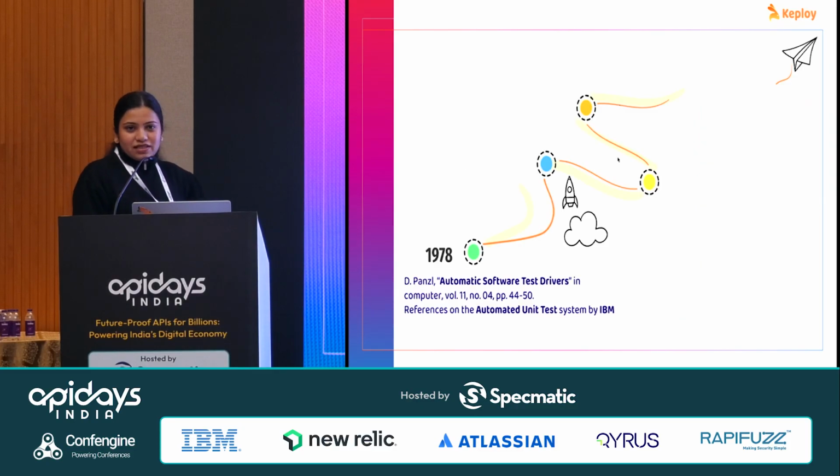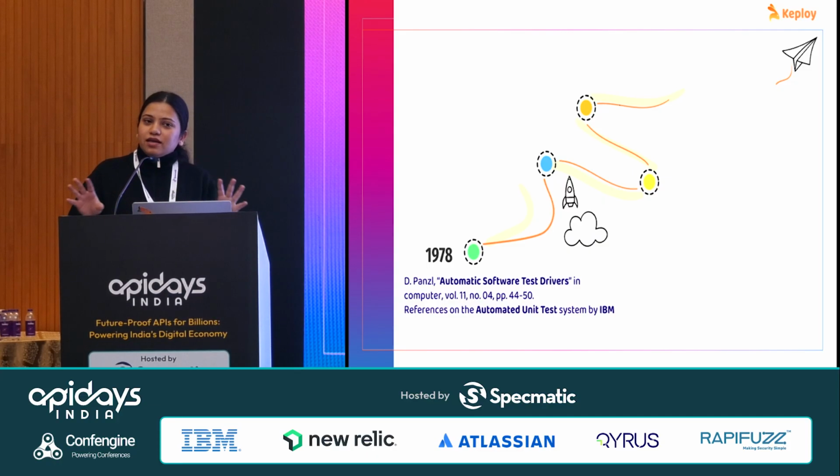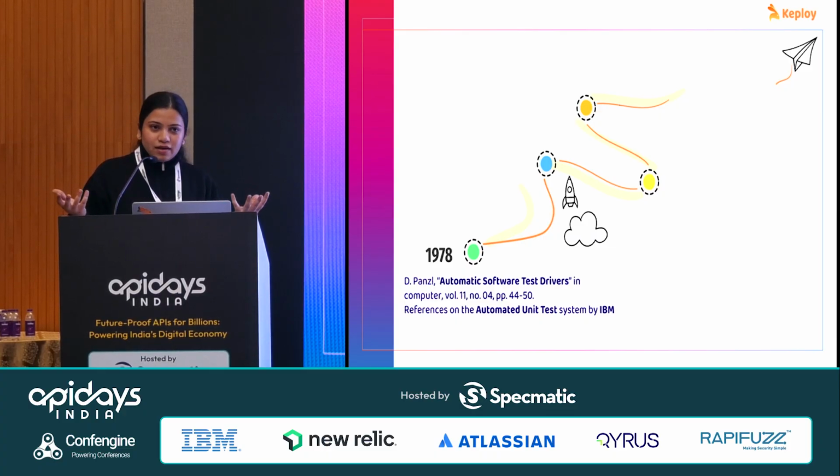So it started back in 1978 when Panzer mentioned in his paper, Automatic Software Test Drivers, that he noticed some mentions of unit testing in the IBM internal books. And there was no pyramid, there was nothing around integration tests or API tests, but people wanted to just unit test.